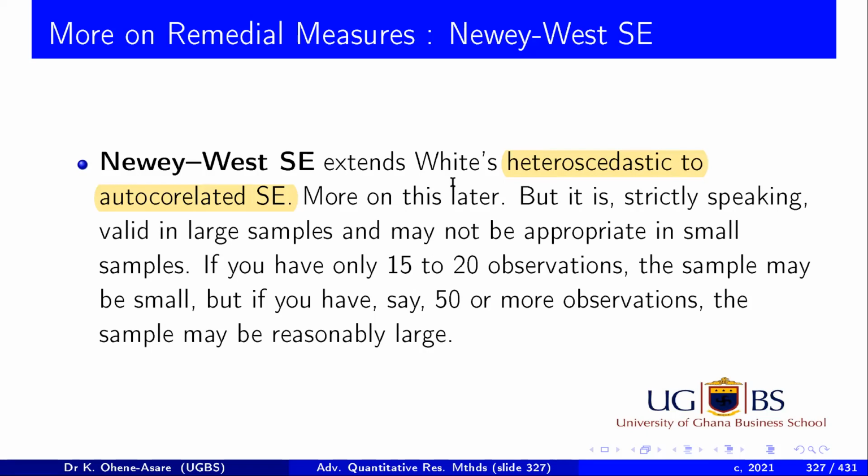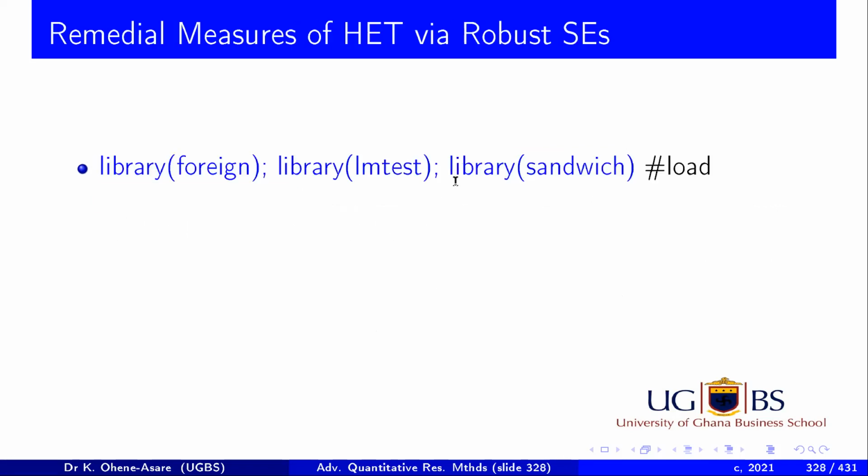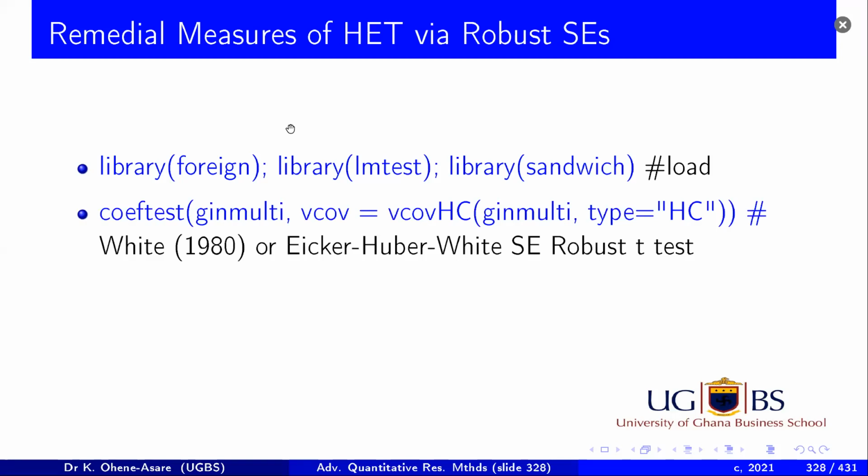But if you have 50 or more, the Newey West standard error may be useful in that regard, and it might make it much more robust. So those are the ways. The second way of handling, you don't have to change to log like the transformations that we did. So we are going to apply that remedial measure right here, and you are going to see the result. So let's go to our R and then apply it.